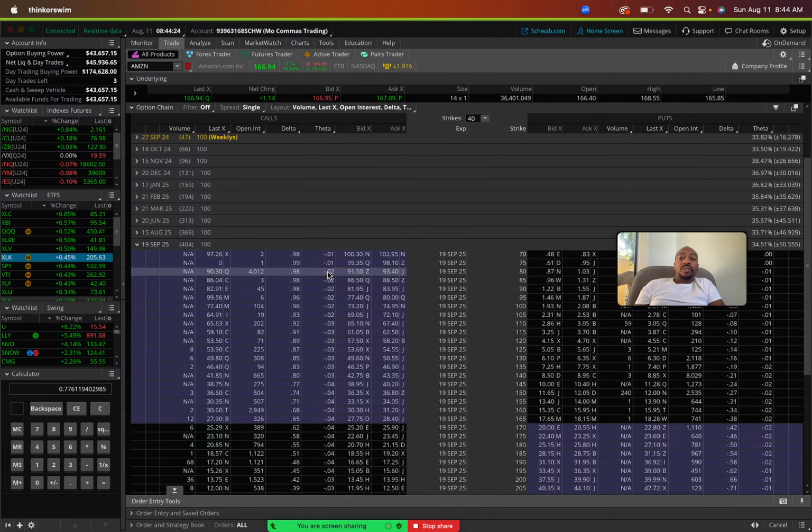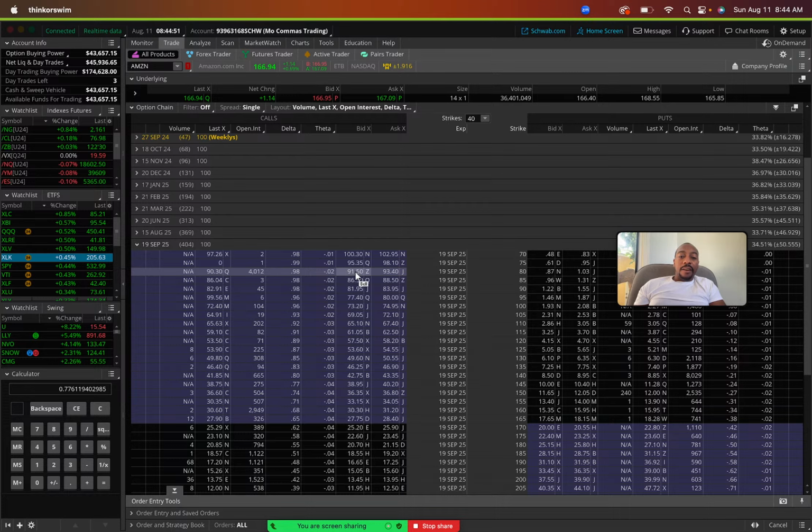There's going to be very little time decay on this option. So that's why I would take Amazon, conversely. I would take the September 19th leap. I would try to buy it as close to the bid as possible. These are off because the market is closed, but the last price, which is this column right here, is going to be what that option traded for most recently.